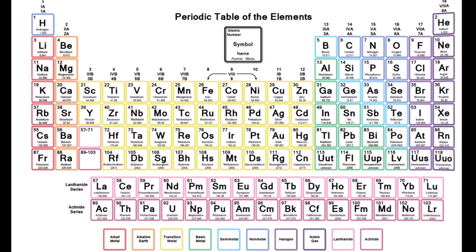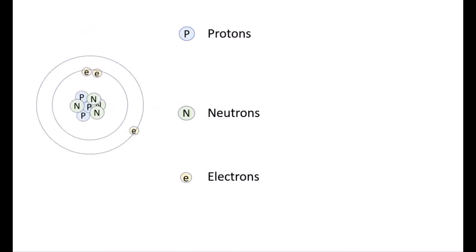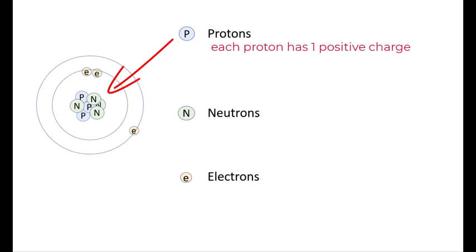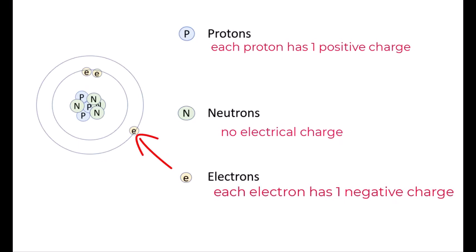If you take a sample of an element and cut it into smaller and smaller parts until you have the smallest part that still maintains the properties of that element, you'll have an atom. Atoms are made up of subatomic particles: protons, which are found in the nucleus, each one has a positive charge; neutrons, also found in the nucleus, with no electrical charge; and electrons in motion around the nucleus, each with one negative charge.